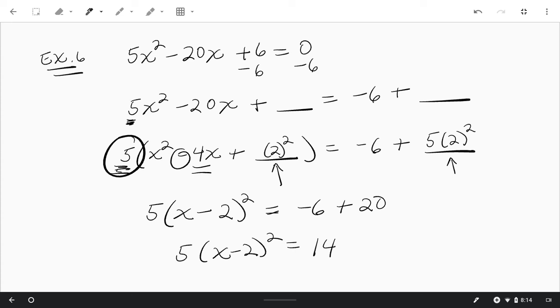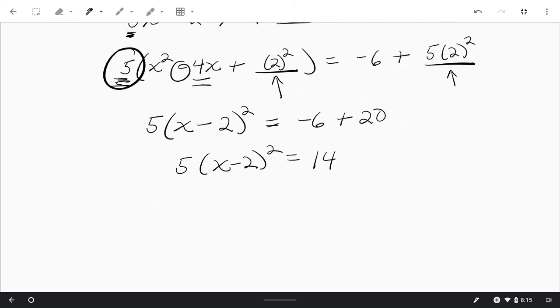But again, we're using completing the square to write quadratics in standard form. Okay, so let's take a look at another one of these where the leading coefficient is not 1.